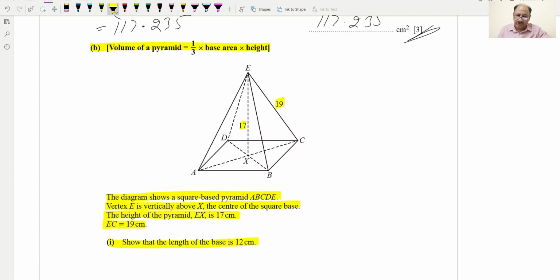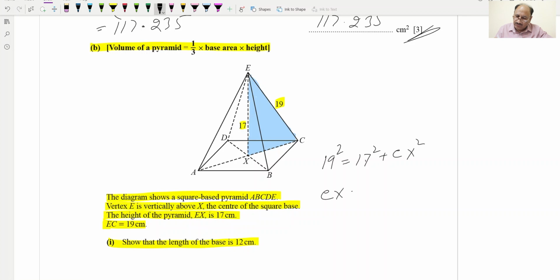So first of all, we can consider this triangle. This triangle we will be considering, and this is a right angle triangle, and you know that in a right angle triangle we can apply Pythagoras theorem. Pythagoras theorem is what? Hypotenuse squared is equal to the sum of squares of the other two sides. So we can write 19 squared is equal to 17 squared plus CX squared.